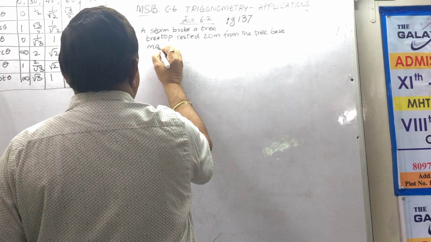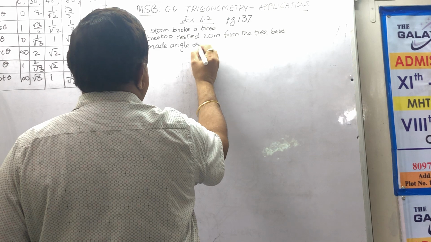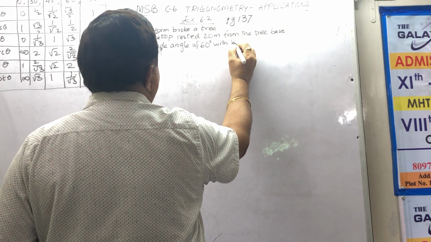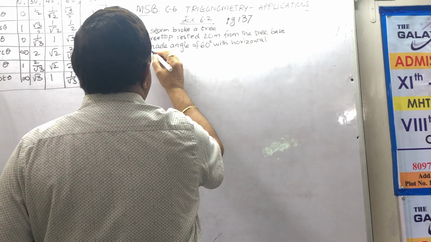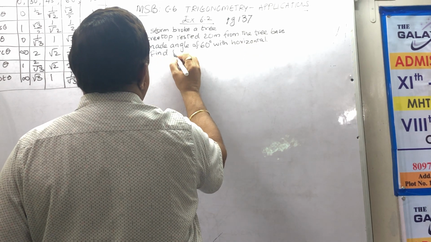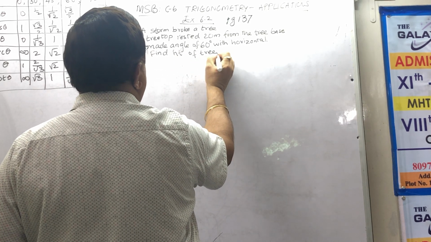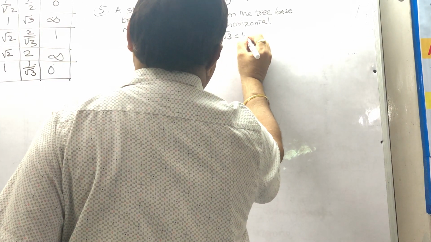It made an angle of 60 degrees with the horizontal. Find the height of the tree. Root 3 is 1.73, given.